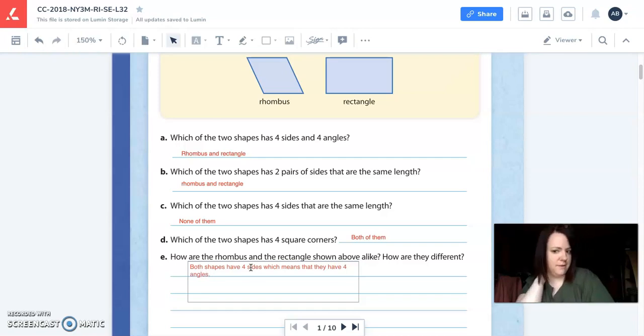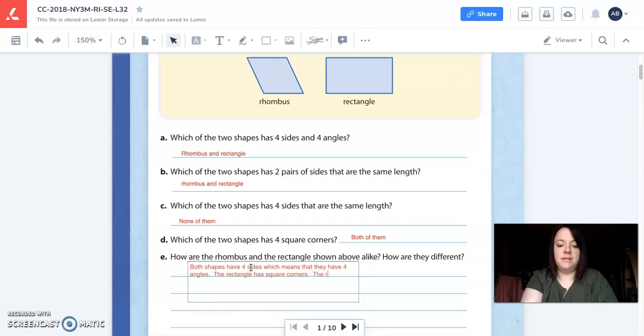What were they called? Square corners? Is that what they were called? I think the rectangle does. The rectangle has square corners.